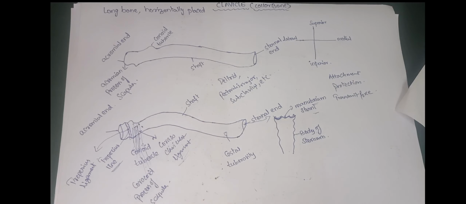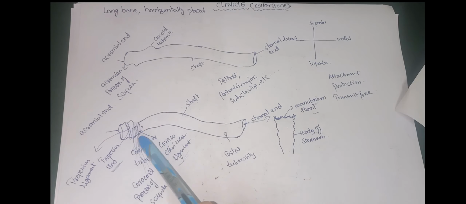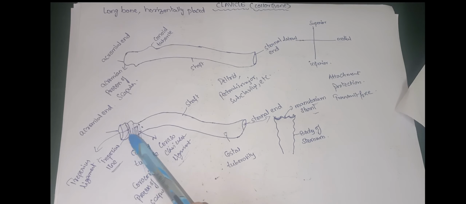Next, there is a small elevation, which we call the conoid tubercle. It is a small tubercle present on the lateral side of the clavicle.